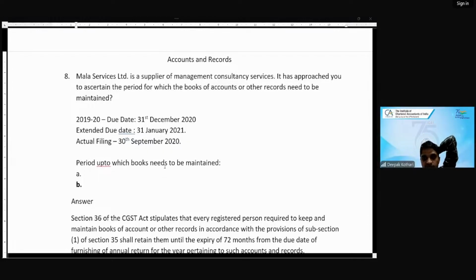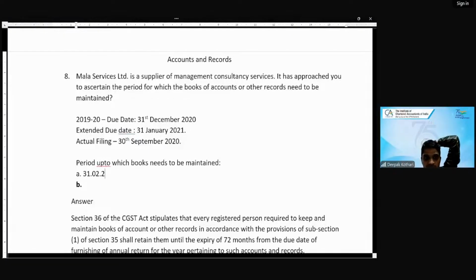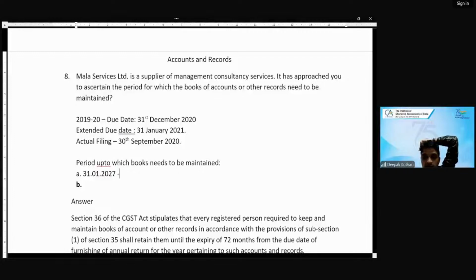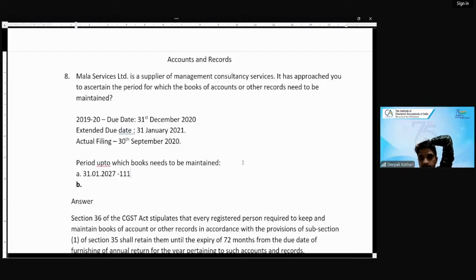Anyone is saying 31st January 2027. Oh, sorry, you have mentioned correct. I have mentioned it wrong. Astha is also saying 31st January 2027. Pooja is also saying 31st January 2027.